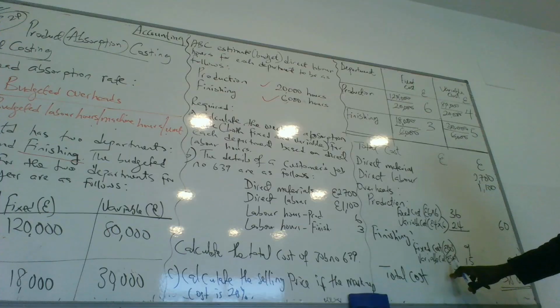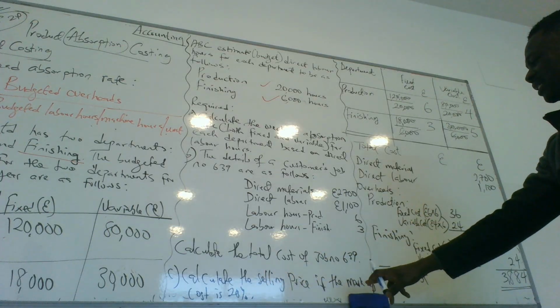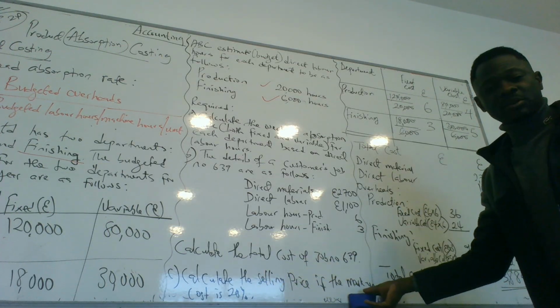Now that we have our total cost, the last question says, calculate the selling price if the markup on cost is 20%. So we need to calculate the selling price.